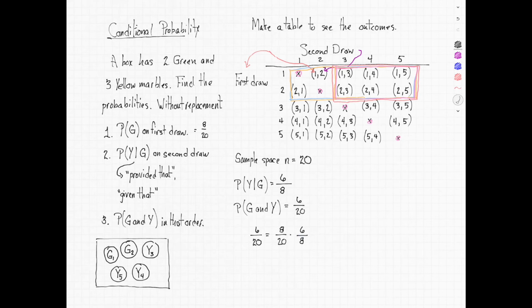Okay, so look at what we have. If I rewrite these now, the 6 out of 20 was the probability of getting a green and yellow in order. And that was equal to the 8 out of 20, the probability that you first draw a green, times the probability of selecting a yellow on the second draw, but that yellow was only of interest if you had already drawn a green.